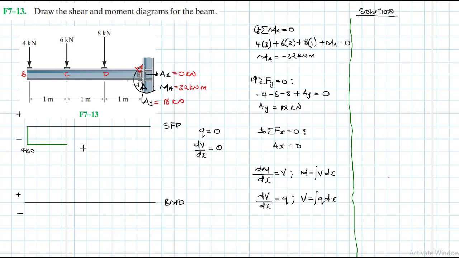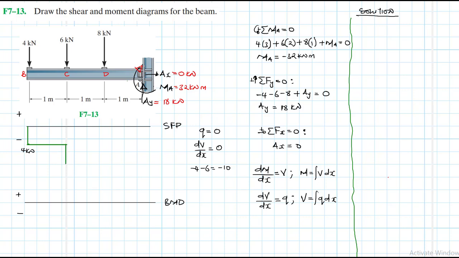And then when we reach where we have a concentrated load of 6, these are going to interact algebraically, and both of them are negative, so we have minus 4 minus 6, which gives us minus 10. So this is going to shift to go down to 10.